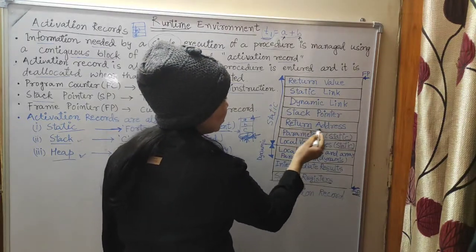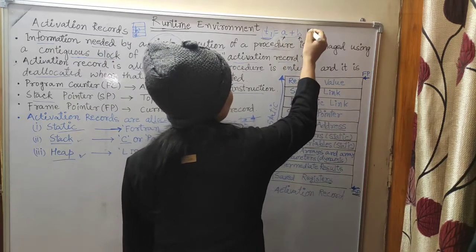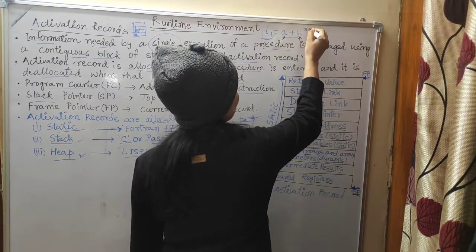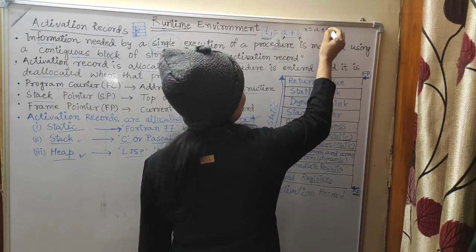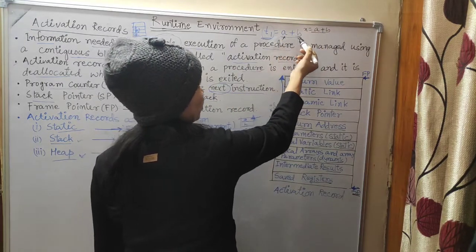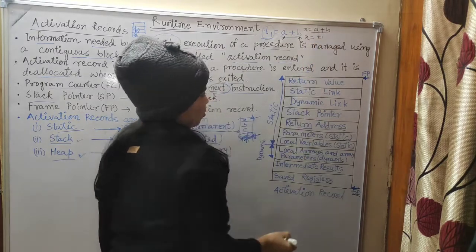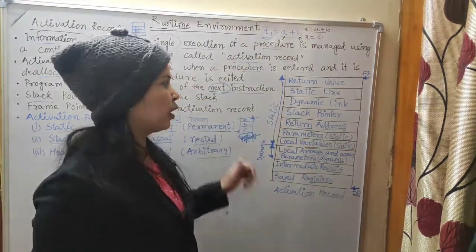Now the return address, T1. Suppose our input is x equal to a plus b. How will it convert into three address code? Temporary variable t1 equal to a plus b, and then x equal to t1. That is why it returns the actual address.